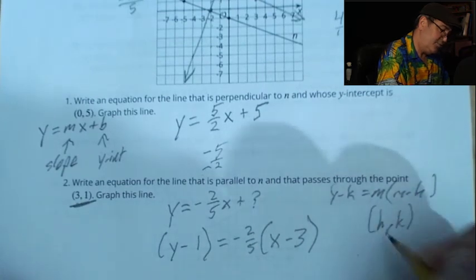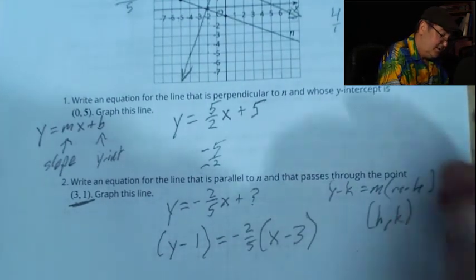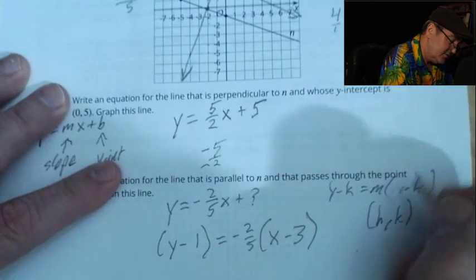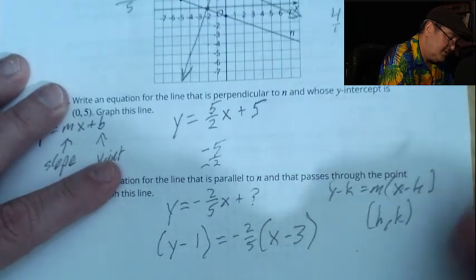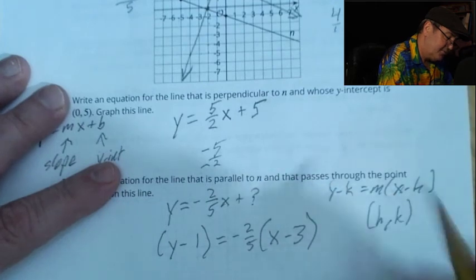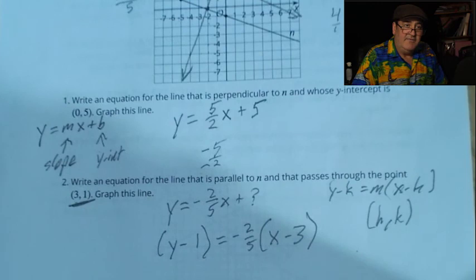To go through that point (h, k), we would use, oh, I put m minus h. Well, I'm going to earn stars all over the place here. x minus h. So we would take the h, subtract it from x, take the k, subtract from y, put the slope. So this works perfectly for a line that is parallel and goes through there.